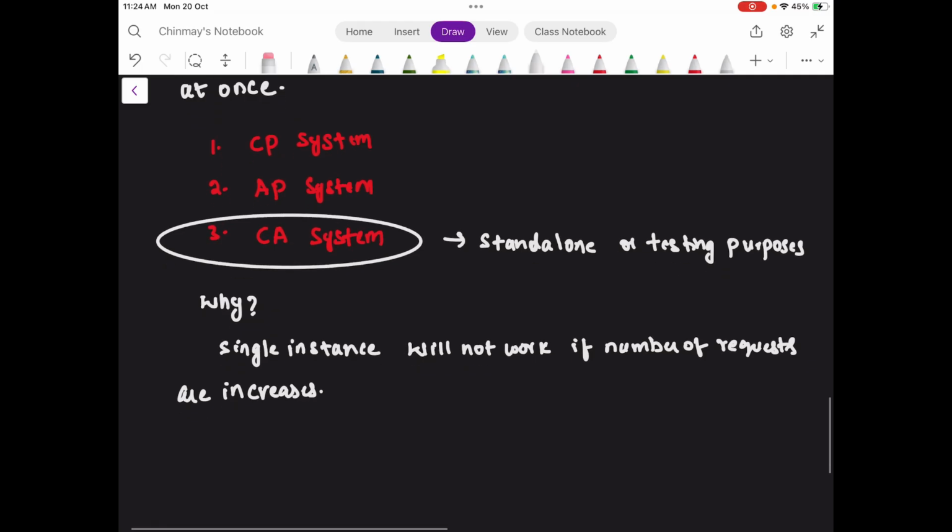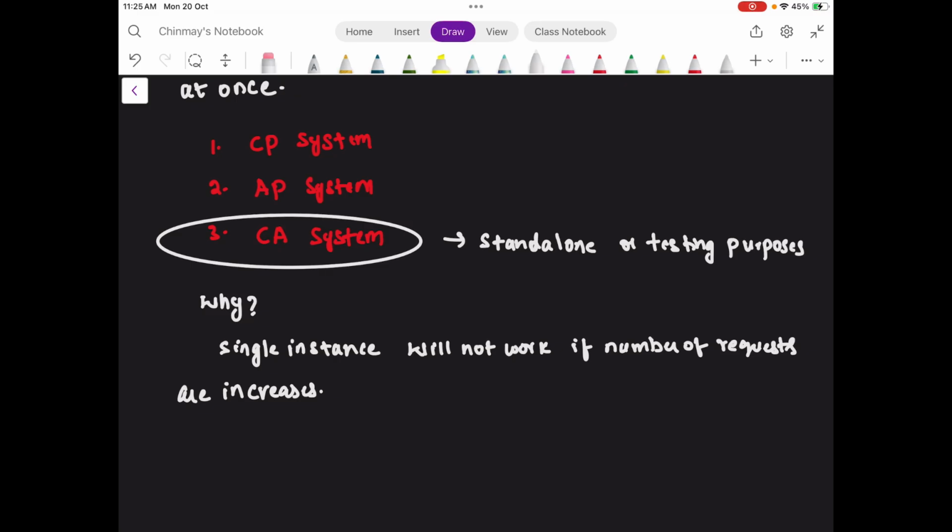Single instances will not work. To scale with the number of requests, we should do either vertical scaling or horizontal scaling. Vertical scaling is not that easy, so generally we prefer horizontal scaling. That means we have replicas.